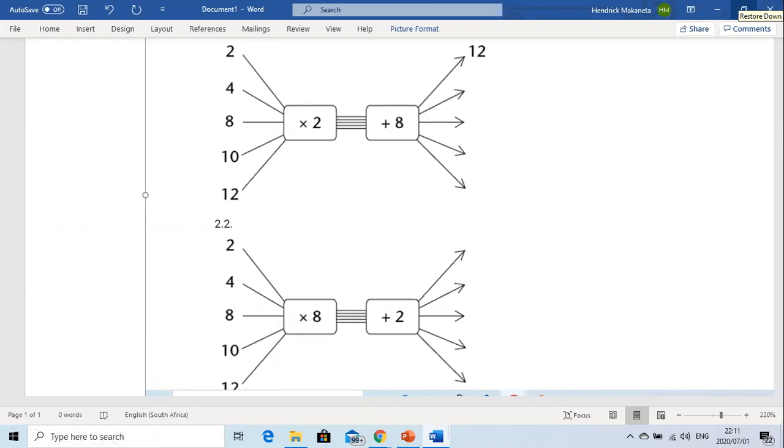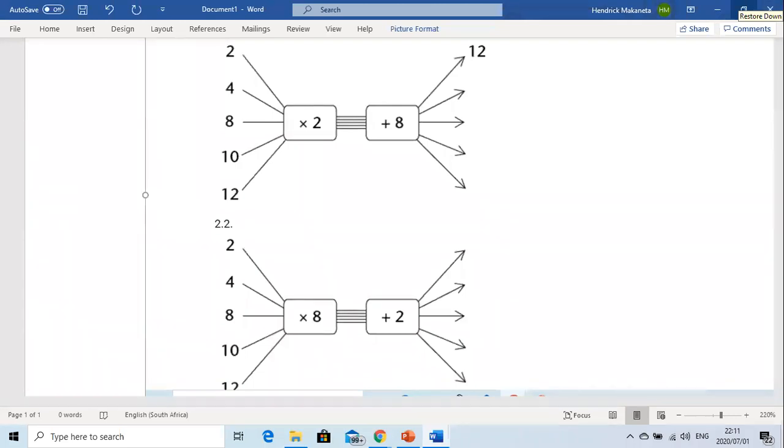And then 4 plus 8 will give you 12. So can you see this output 12 comes from the first input, which is 2. So 2 multiplied by 2 is 4, and then 4 plus 8 is 12.